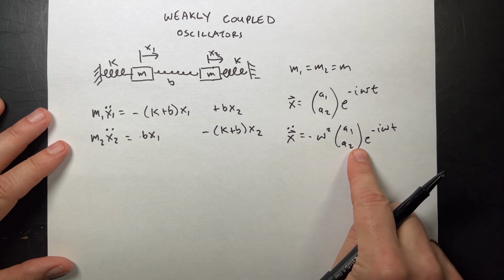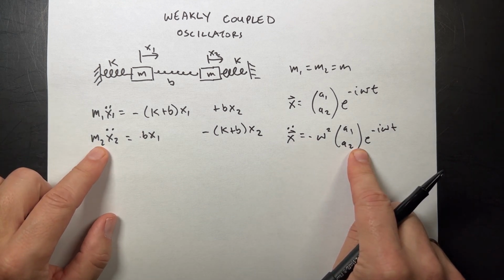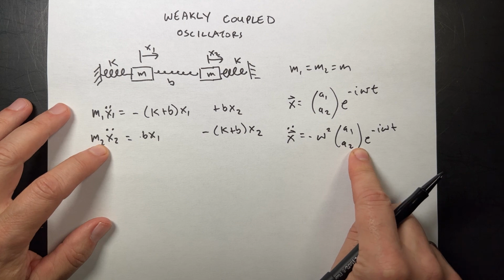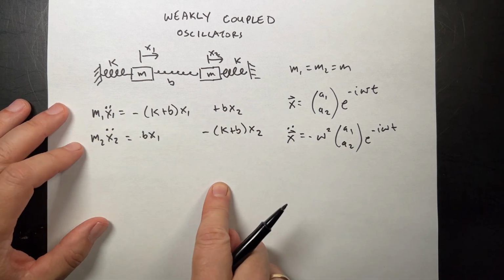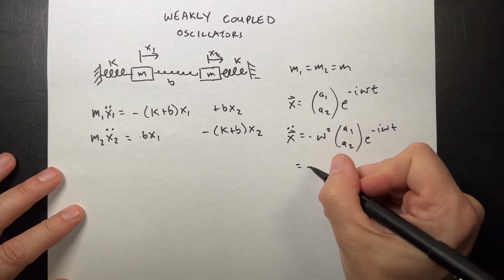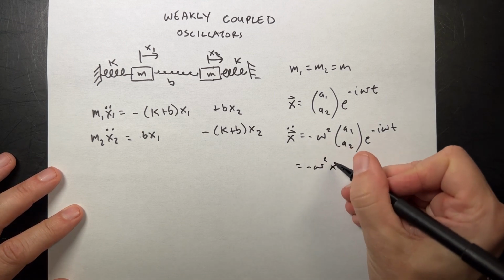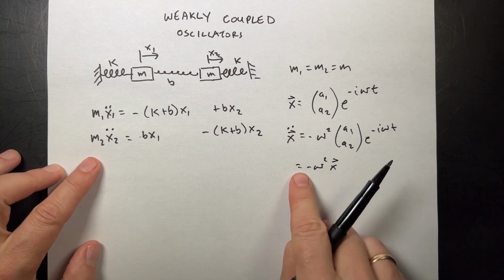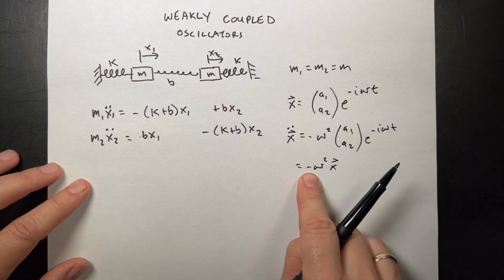So if I do that and divide both sides by the mass, then I can write these two equations as the following. And this is equal to negative omega squared x, which is kind of nice. So if I write that, I'm going to divide by the negative sign on both sides.